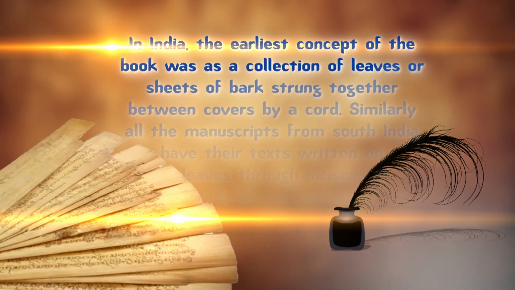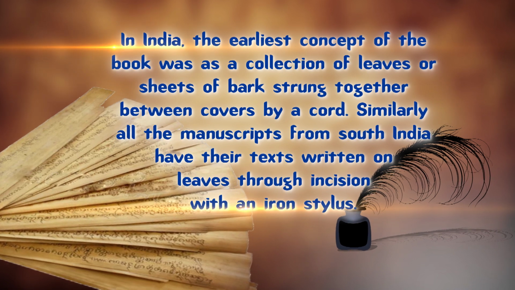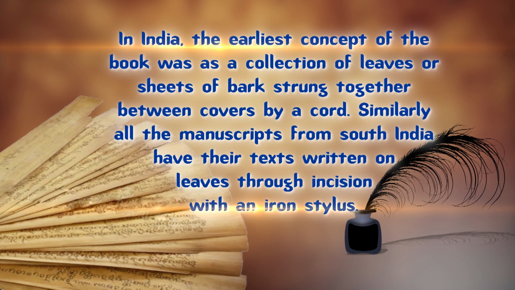They also arranged the letters of the alphabet on a thoroughly rational system, that is, vowels before consonants. Well, in India, the earliest concept of the book was a collection of leaves or sheets of bark strung together between covers by a cord.